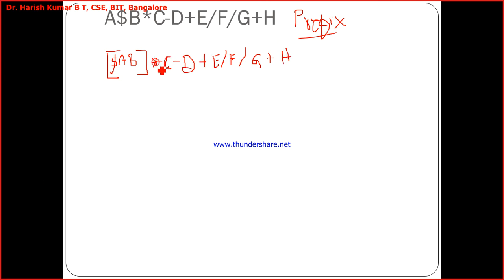Next, star and divide have got equal precedence, but I have to follow the left to right associativity. So this I'll evaluate. This is one operand for this star, and this is the other operand. Now this star should come before, correct? So I'll write this star and then dollar, first operand $AB, and then C. Now this whole thing is one operand.